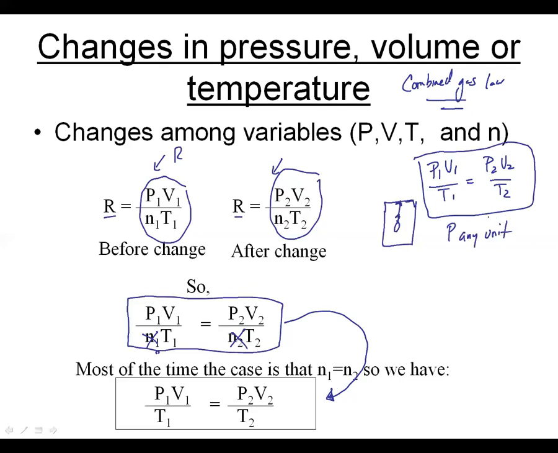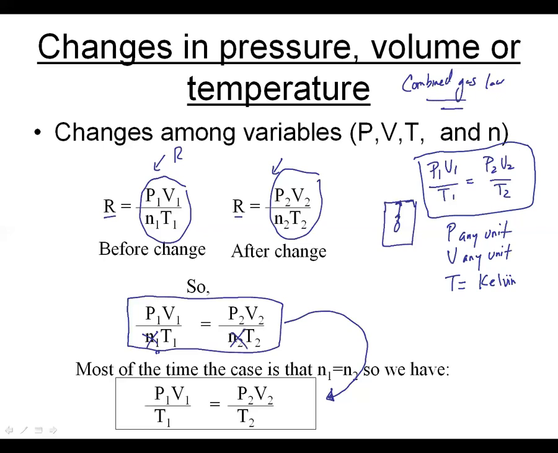So you can do atmospheres on both sides, it could be torr, you could do millimeters of mercury. Volume as well can be any unit, probably either liters or milliliters, but needs to be the same on both sides. And our temperature here, like every other gas law, does need to be in Kelvin on both sides. So T1 and T2 need to be in Kelvin like normal.